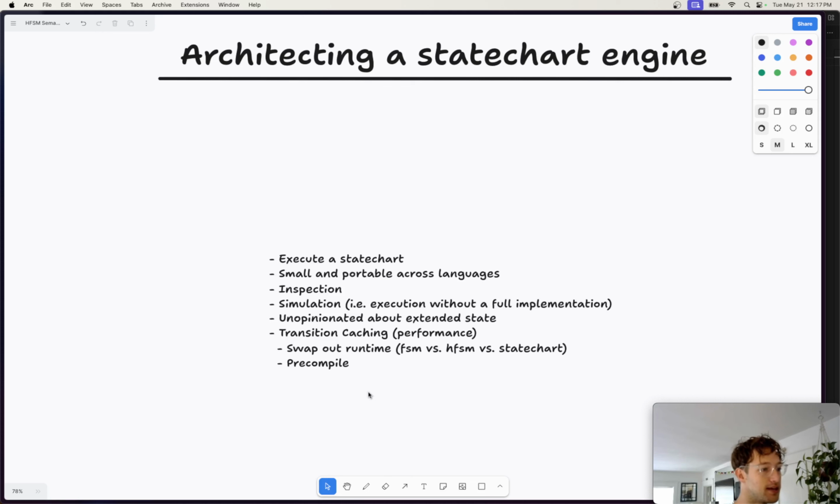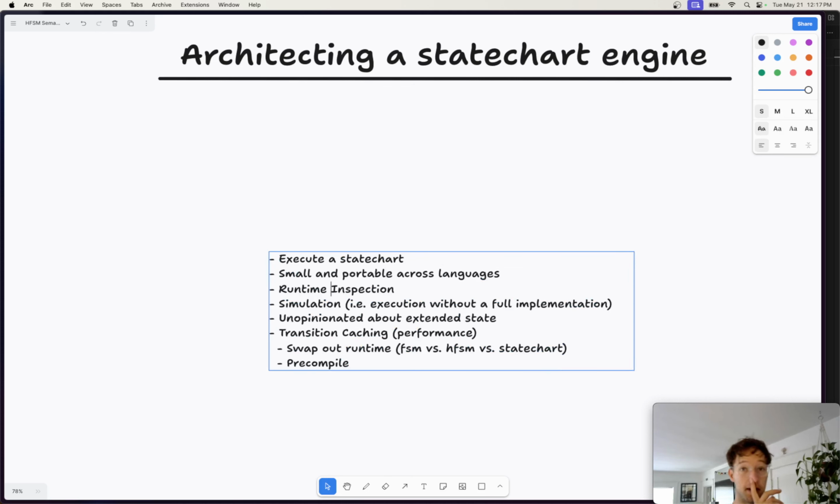The next thing that is really important is inspection. To clarify, I'm talking about runtime inspection. As a state chart is running, is there a way that we can get its current execution and visualize that, interact with it, see what's happening, log it?